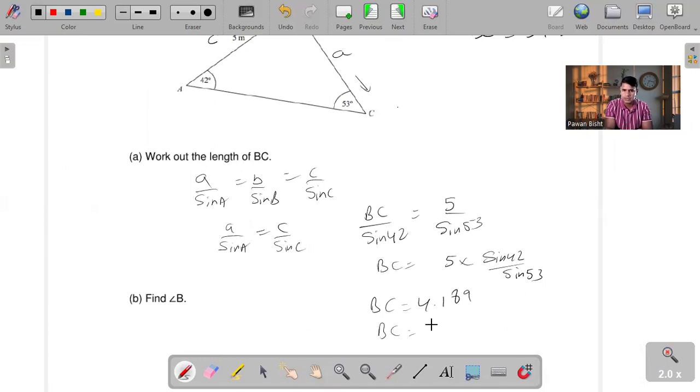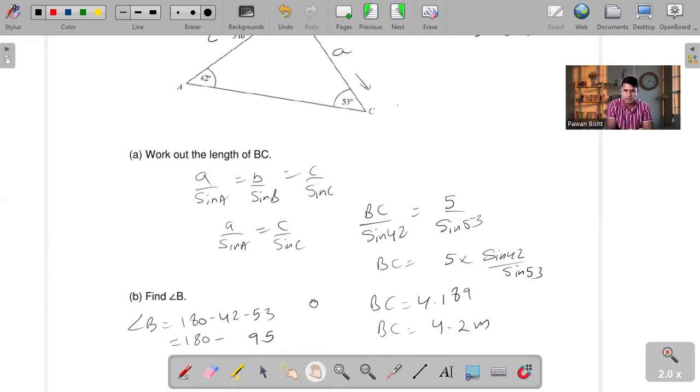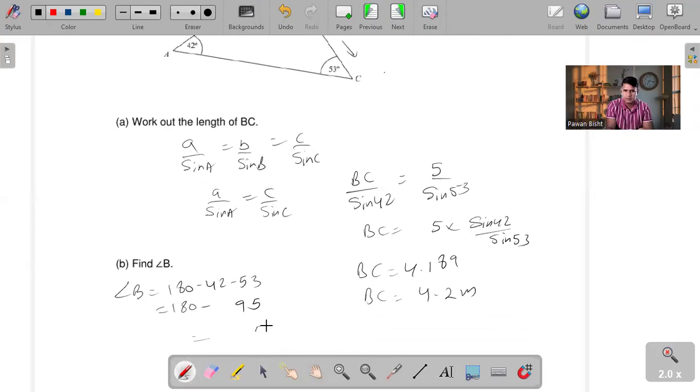Okay, and if you want to write it in one decimal place, so 4.2 meter BC. Now angle B, you can easily find. Angle B is 180 minus 42 minus 53. So 180 minus 95, 85. So angle B is coming 85, right?